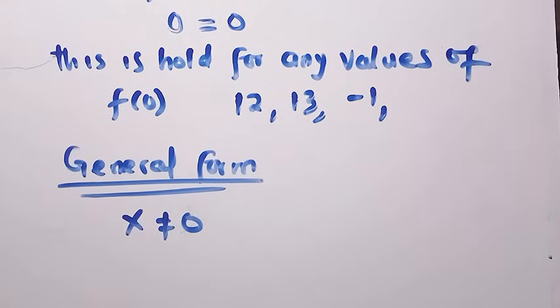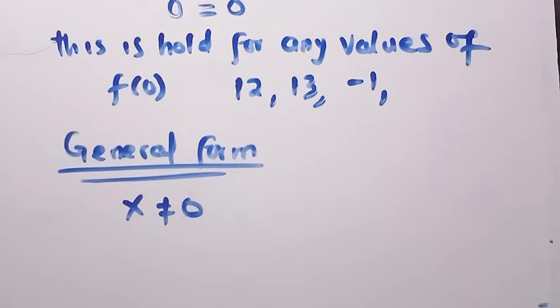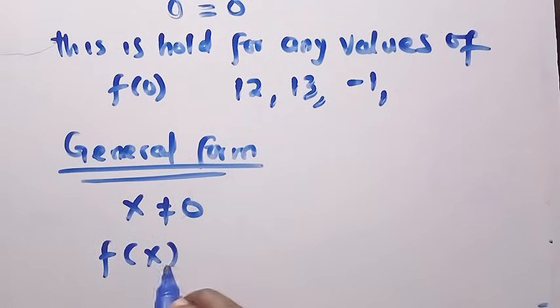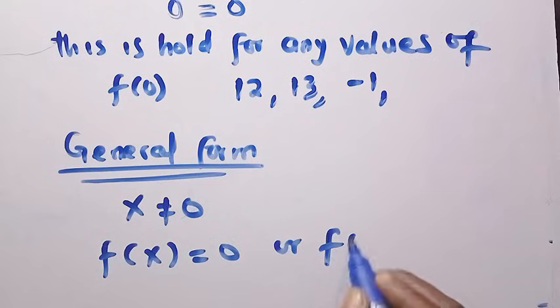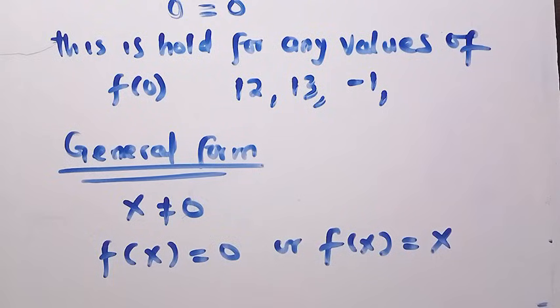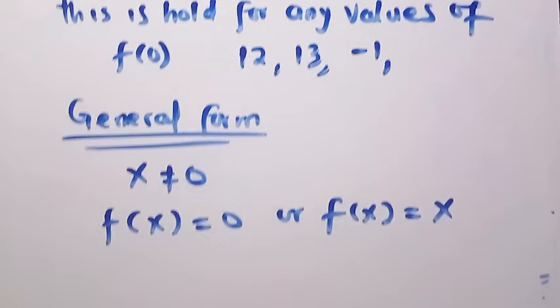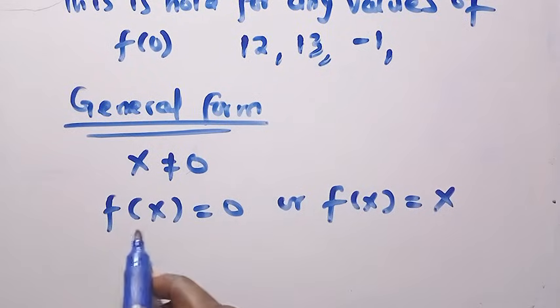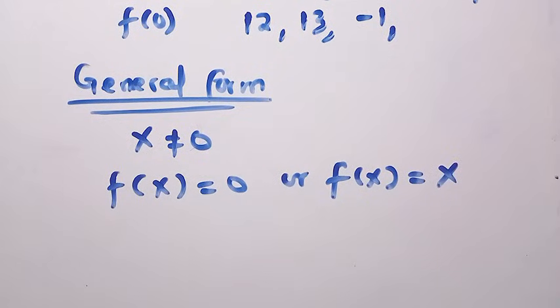Then these functions must satisfy f of x equals 0, and again we can still have f of x equals x. So these are the general forms of this. And for us to have valid functions, f of x equals 0 and f of x equals x, since we are considering the general form.